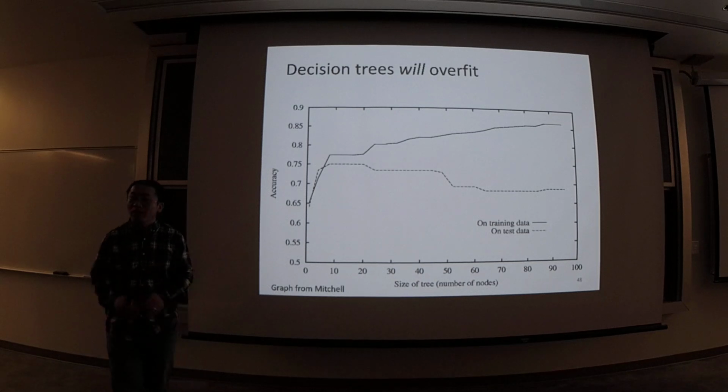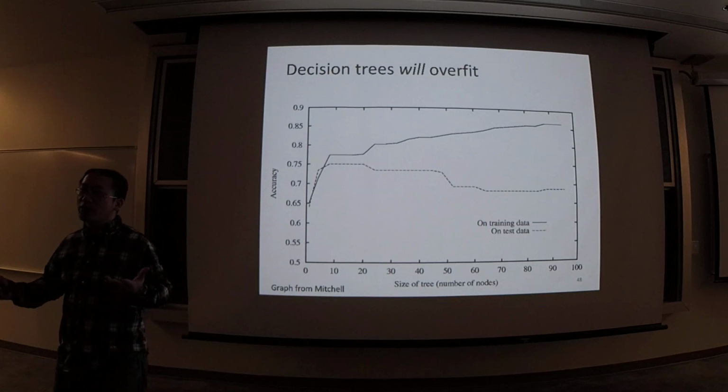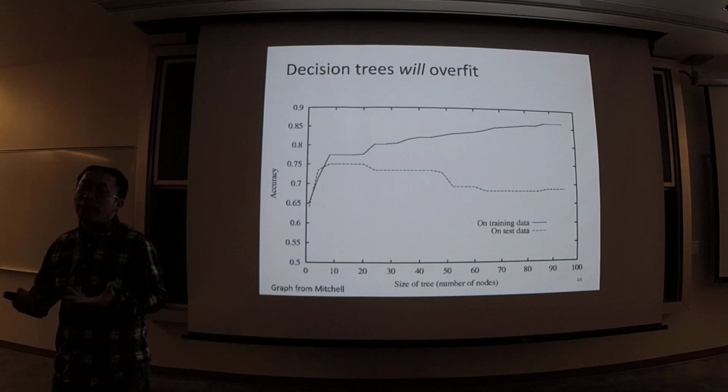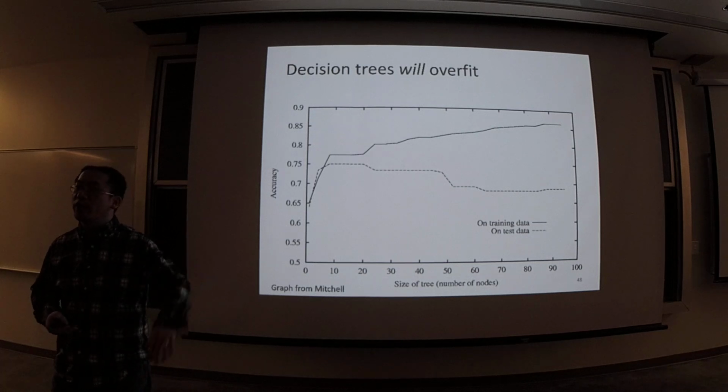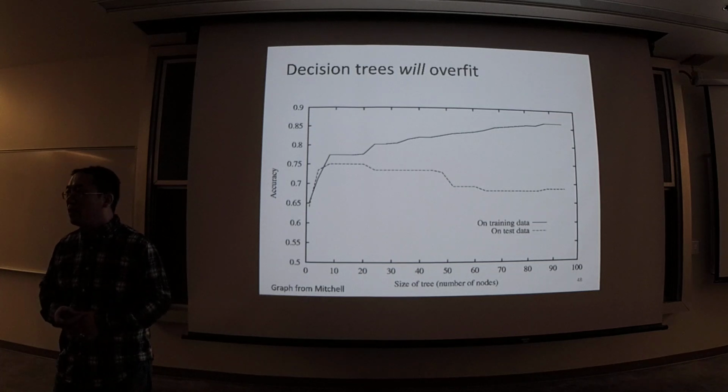So as we mentioned, if you do not restrict the growth of a tree, you end up overfitting the training data, right? Then how can we prevent or inhibit overfitting? Ignoring some noisy data.